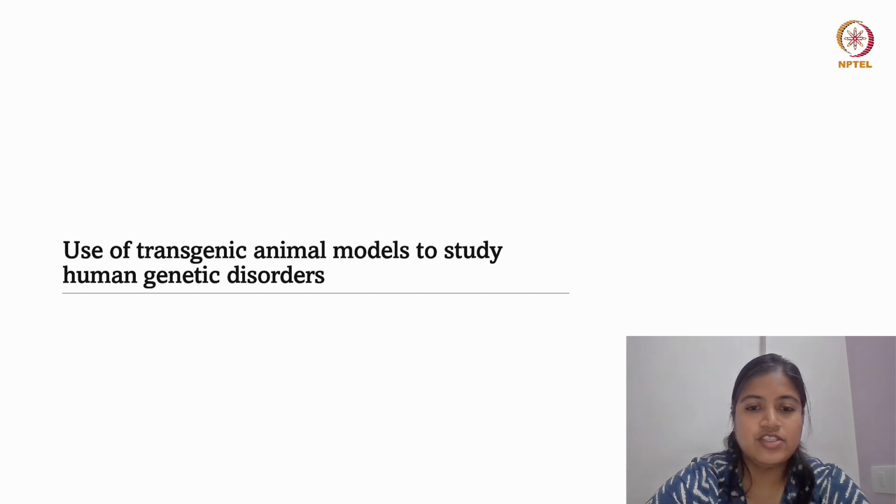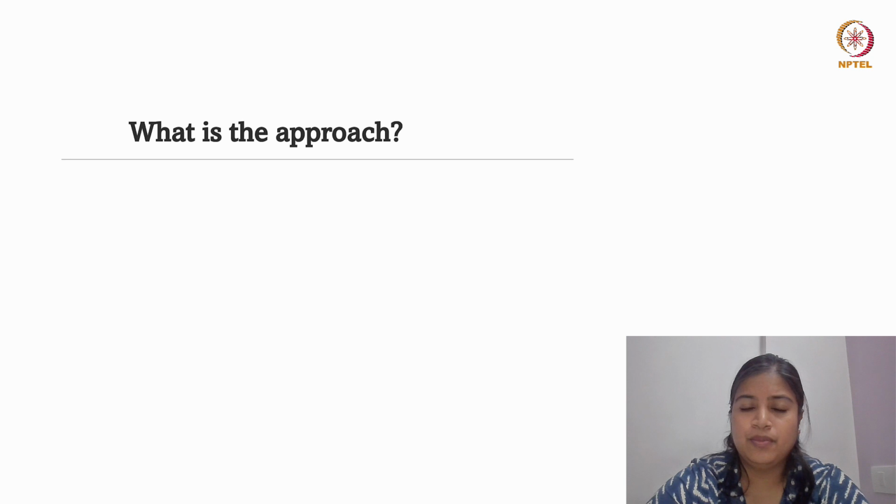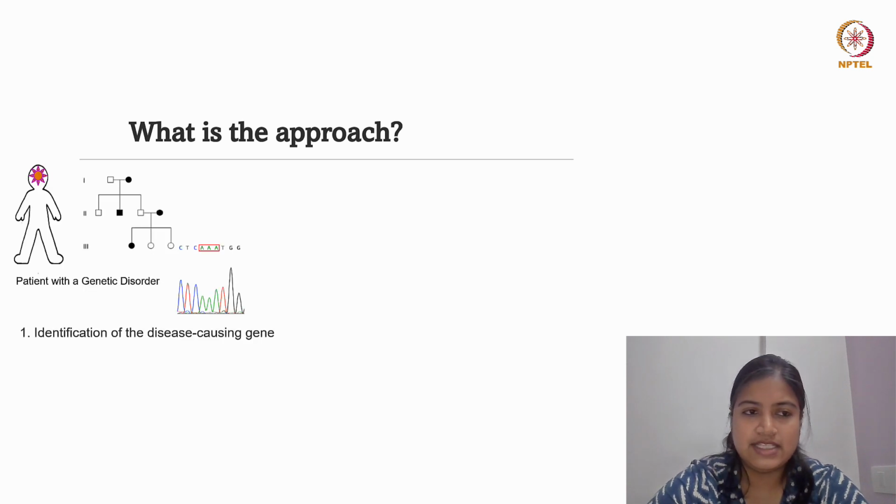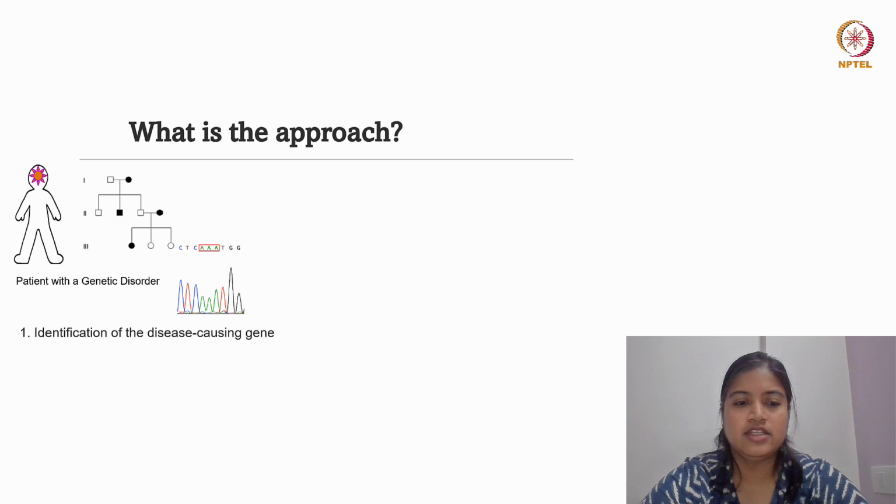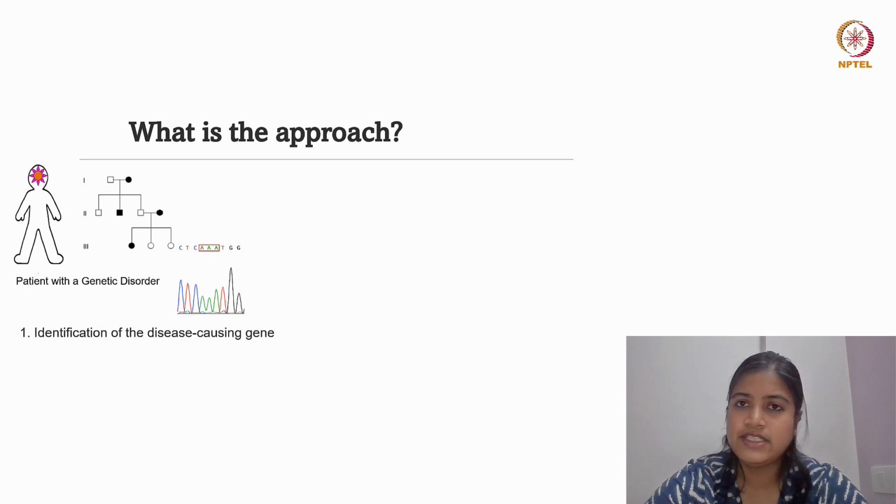So the use of transgenic model organisms to study human genetic disorders, let's see some examples of that. So what is the approach that one takes when they want to use a transgenic model organism to study a human genetic disorder? So these are the basic steps. A patient with a genetic disorder presents themselves to a clinic or to a doctor.